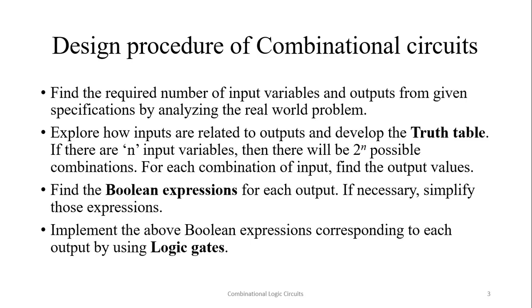The third step is to find the Boolean expression for each output. If we have 2 outputs, then we have to find 2 Boolean expressions. If we have 3 outputs, then we have to find 3 output expressions in terms of input variables.